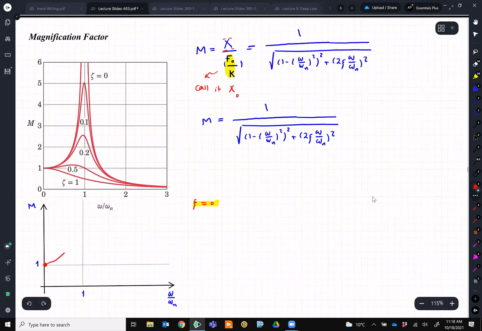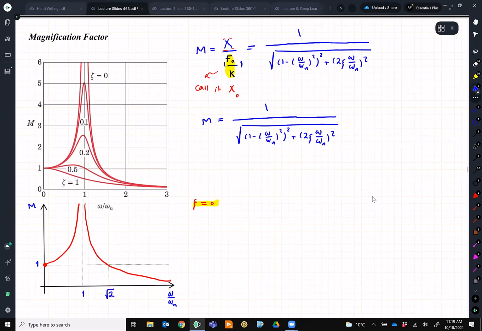So this goes to infinity, and this one comes back and ends up at 0 for large values of omega over omega n. We notice also it crosses this line 1 at some number. If we substitute that number, it gives me the square root of 2. We had that one before.